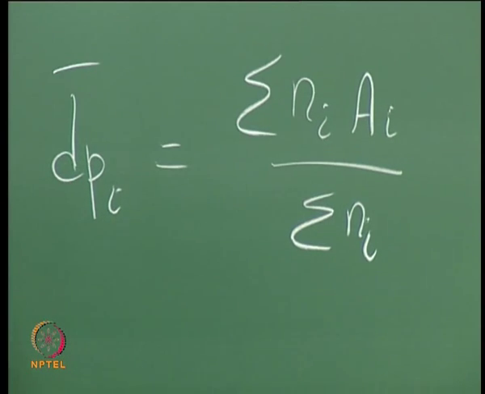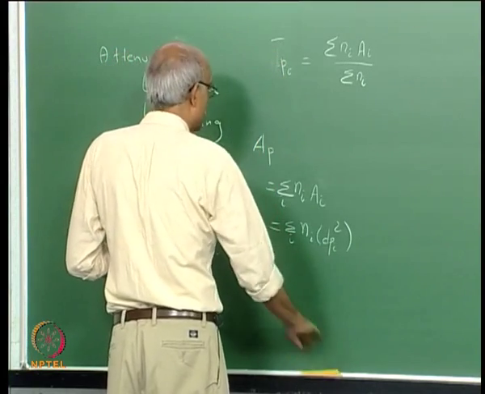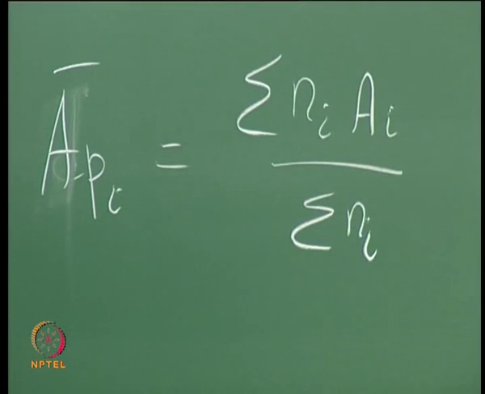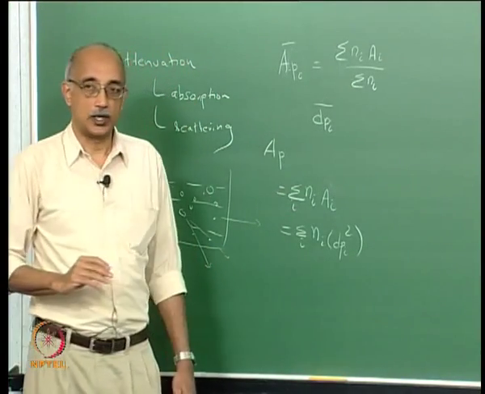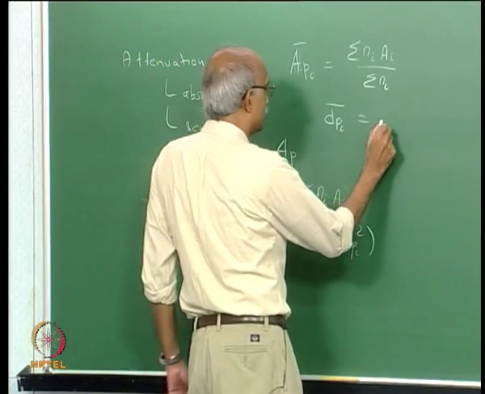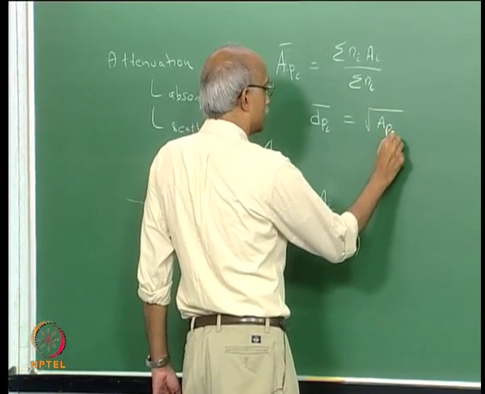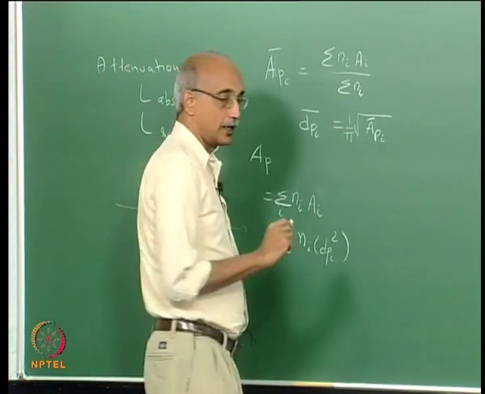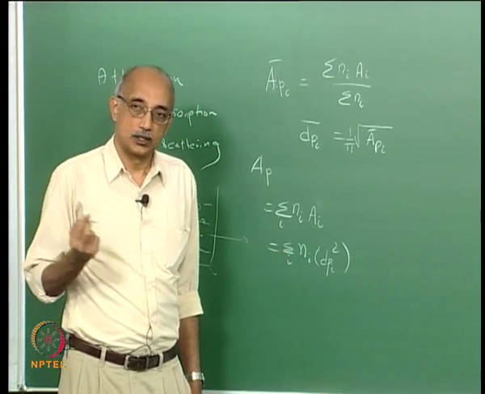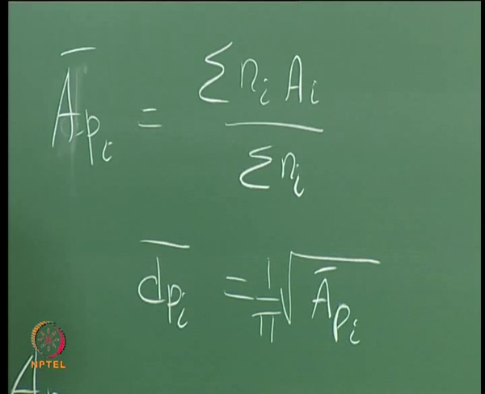Well, actually you first define an average area of the particle as summation N_i A_i over summation N_i, and from this you can get an average particle diameter as the square root of the average area times 1 over pi, again assuming that you have taken the particle as being roughly spherical in shape.